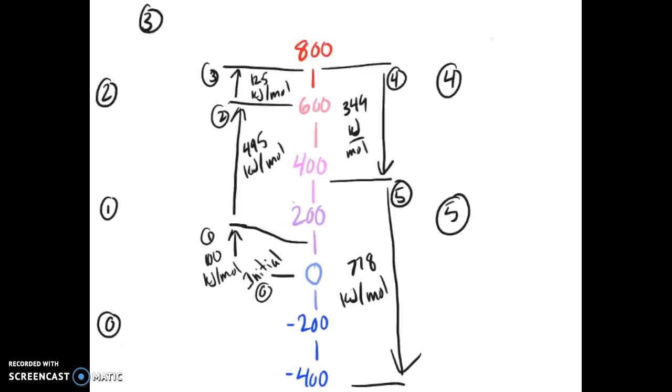Now, I've already drawn a quick diagram that goes through a couple of different examples of a specific process creating sodium chloride, NaCl, or table salt. Now, here at 0, this is the initial energy state, which is referred to as delta H f.